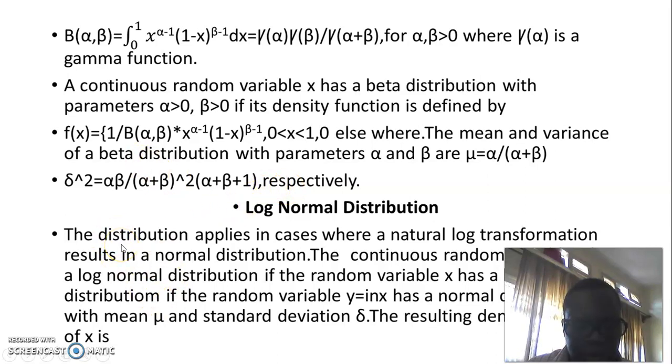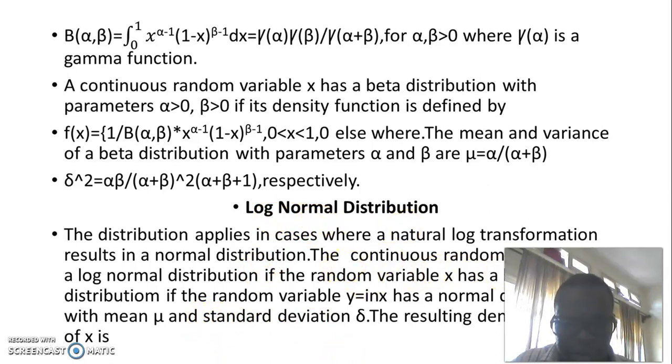The log normal distribution. The distribution applies in cases where the natural log transformation results in a normal distribution. When we get the natural logarithms, the result also follows a normal distribution. Hence, we have a log normal distribution.